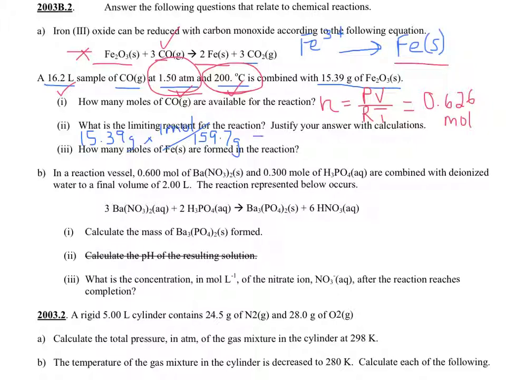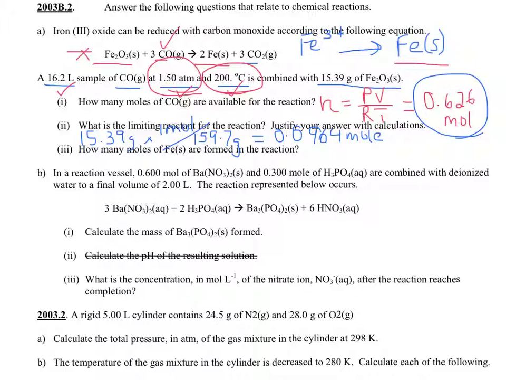And that will give us the moles of Fe2O3, 0.0964. Now, we have obviously significantly more moles of the carbon monoxide, 0.6 compared to 0.096 for the iron.